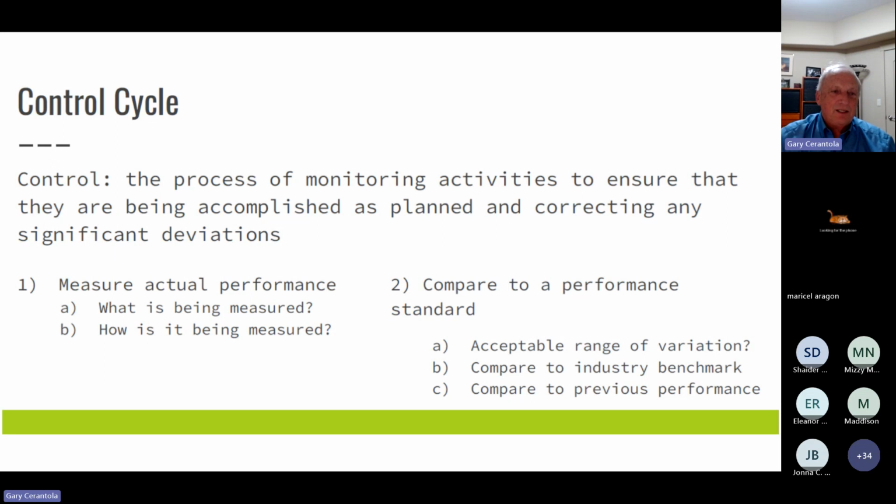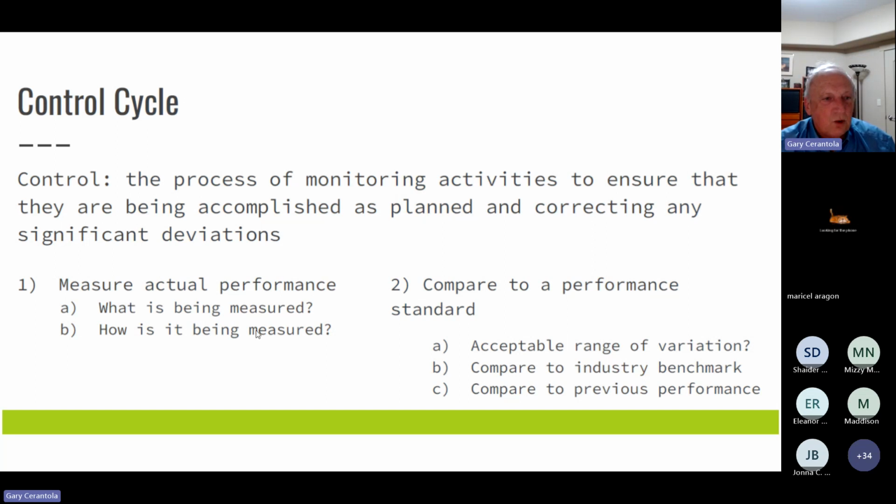Well, maybe I need to train that person better, or maybe I need better machinery. Or if I'm above, I'll say, oh, geez, maybe I'm putting too many resources into that piece. Sometimes going over a benchmark best practice means you're putting more expenses in, and maybe the customer isn't even recognizing the increase in performance. And then you compare that to, well, how did I do that last month? And how did I do that last year? Am I improving, or are things getting worse?